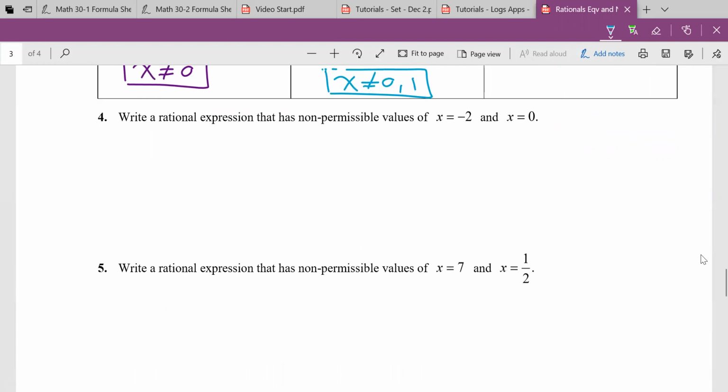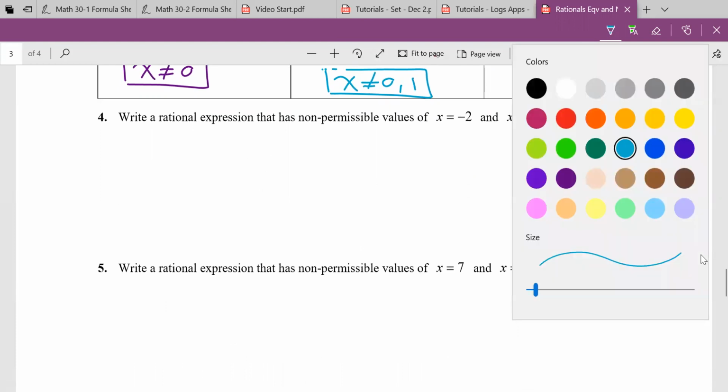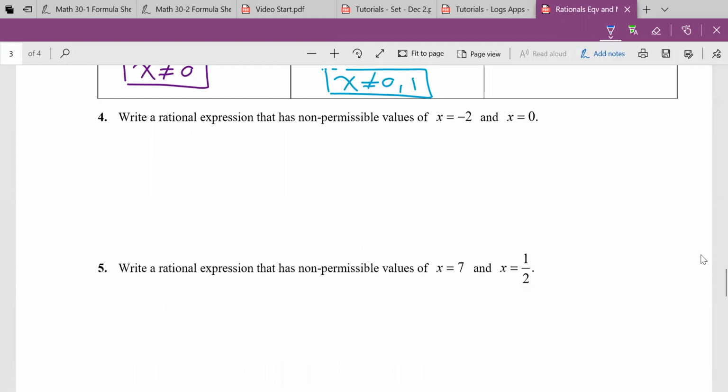Now, number 4, what I'm asking you to do on number 4 is to go the other way around. It says, here are your non-permissible values. So all I'm going to do is this. I'm going to work backwards. It says I have a non-permissible value of negative 2. So the factor where that would come from is here.